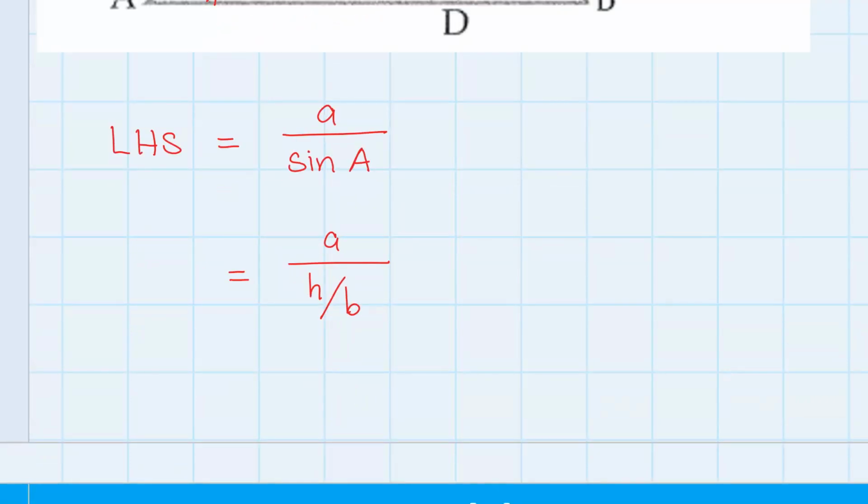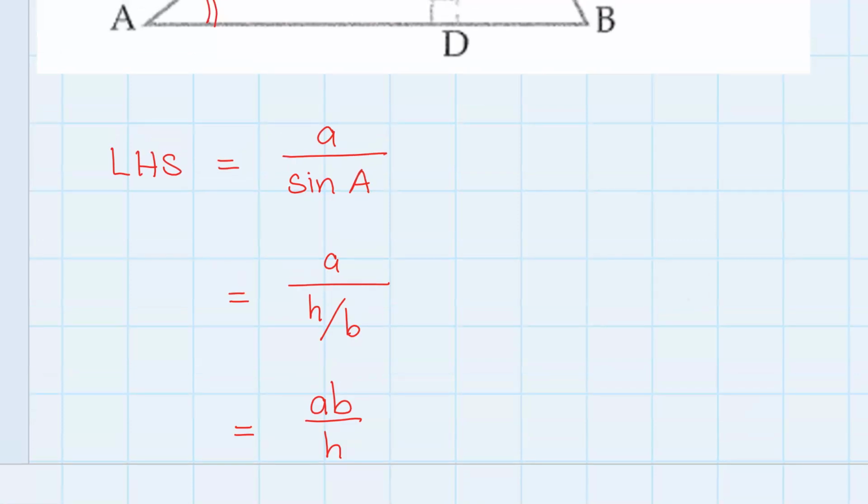Then we can simplify that, and say, well, that's a pretty awful looking fraction, so we're going to bring that b up to the numerator. So that expression is now ab divided by h, and that is probably the simplest form for the left-hand side. We've got a product of two sides in our numerator, and we're dividing that by another side in the denominator. So we'll leave that for the time being.